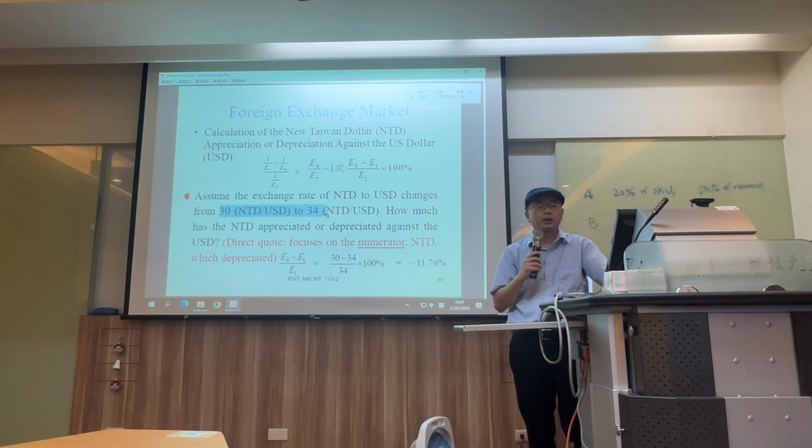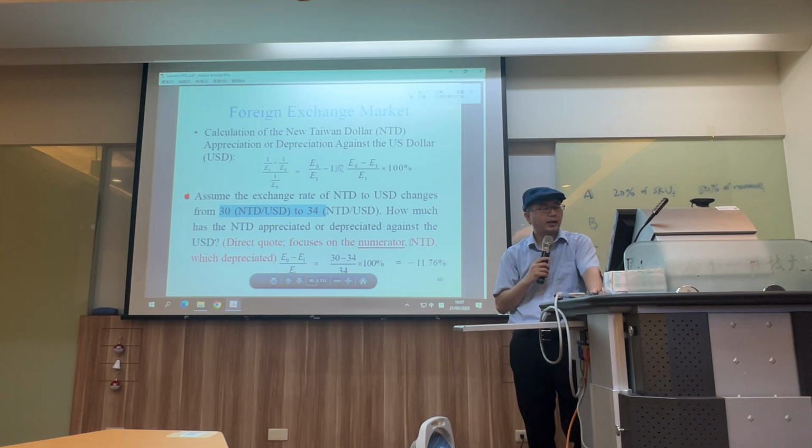For the New Taiwan dollar, it means depreciated, because 1 unit of US dollar can purchase or convert into more New Taiwan dollars, right? So that's the first dimension, the direction of it. And the second thing is to talk about the magnitude of the change in percentage format.